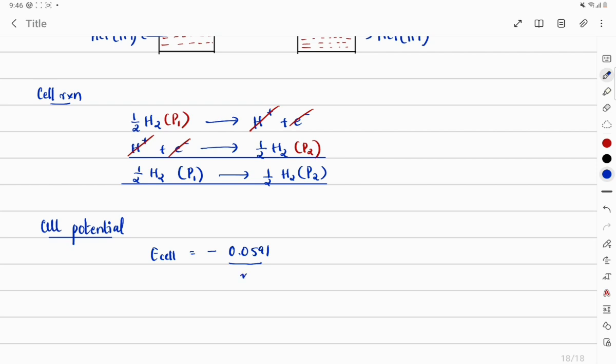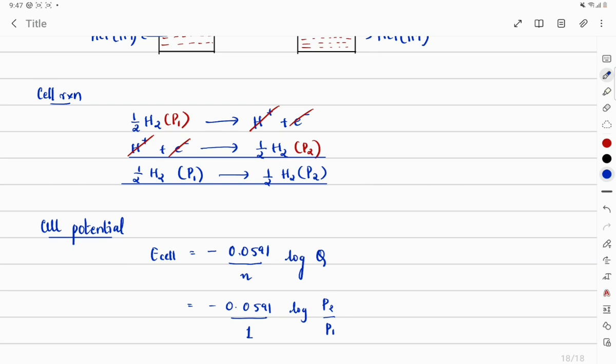It has to be 1. So just write n log Q. This is the main equation. Now let's substitute: 0.0591 divided by 1 log concentration of product by reactant. What is the product here? H2 at P2 pressure is the product, and H2 at P1 atm is the reactant. So this will be P2 divided by P1.